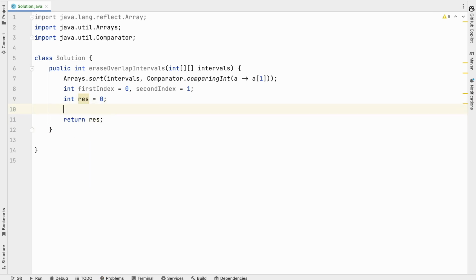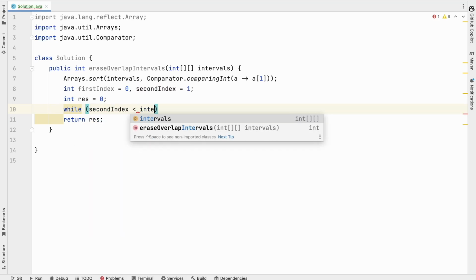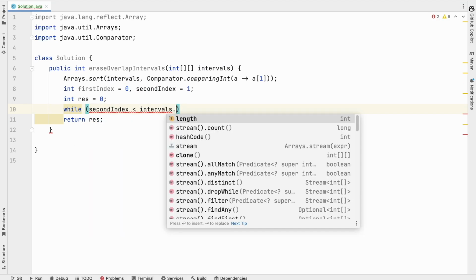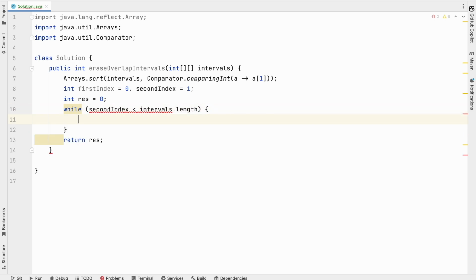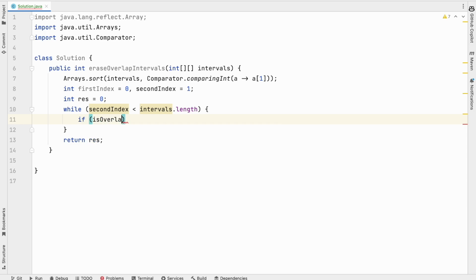Since we're going to repeatedly compare adjacent intervals, we need a while loop. And the while loop continues while second index is less than intervals length. And inside the while loop, we need to check if the two intervals are overlapping.